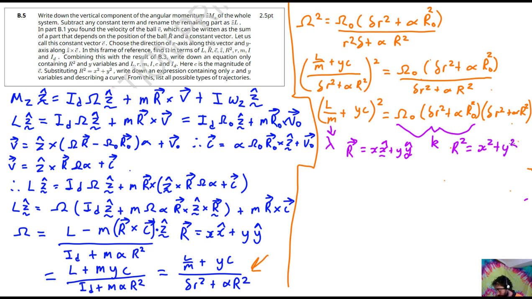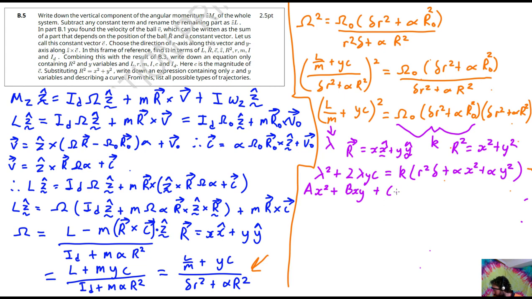Great, and then we can substitute all of that in and expand it out, and we're going to get... Alright, and what I want to do now is rearrange this so it matches my conics formula, so it looks like A X squared plus BXY plus C Y squared plus D X plus E Y equals minus F, where we actually want minus F to be positive.